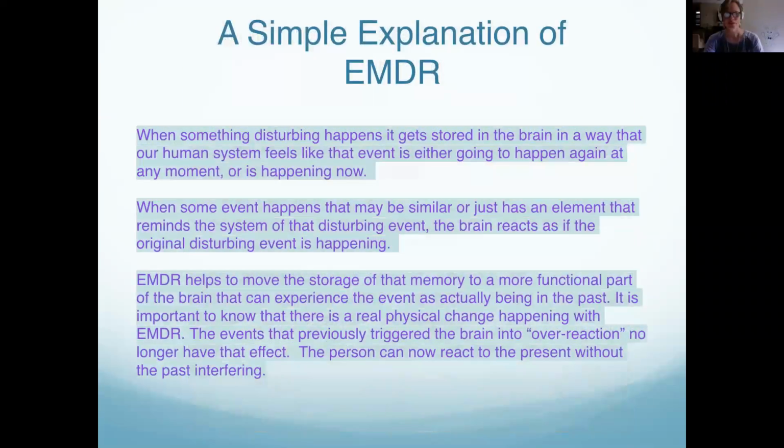And this is a simple explanation of EMDR that you can use with clients. A lot of people ask for this. And it's just kind of a reminder of what we're doing with EMDR. And a reminder that what we're looking at is how previous experiences are stored in the brain.